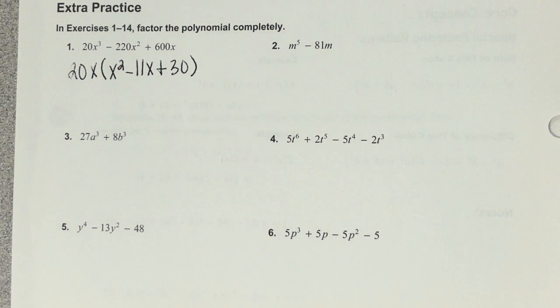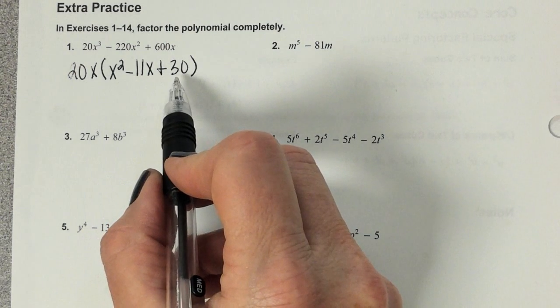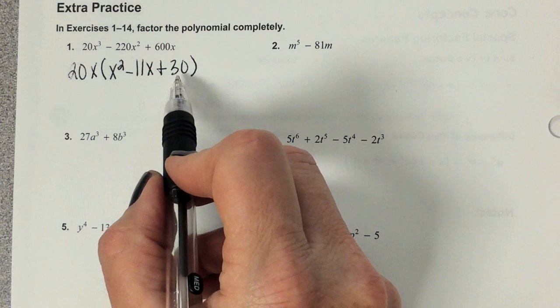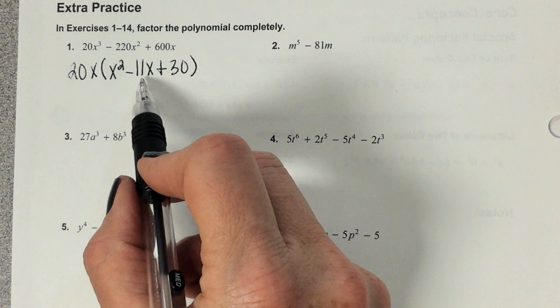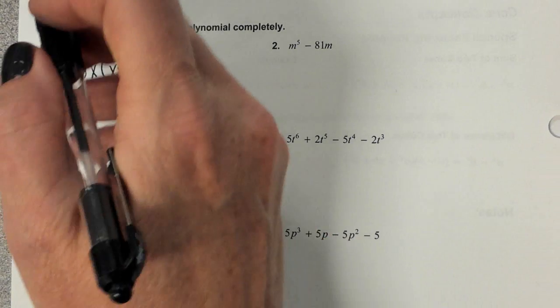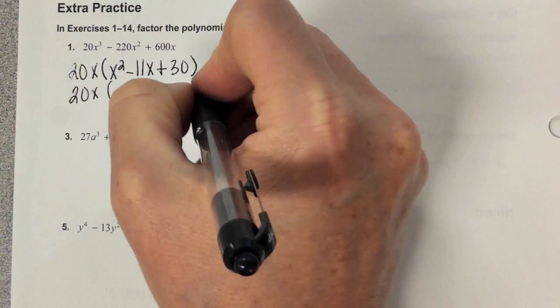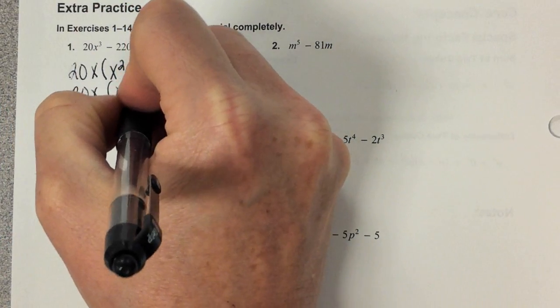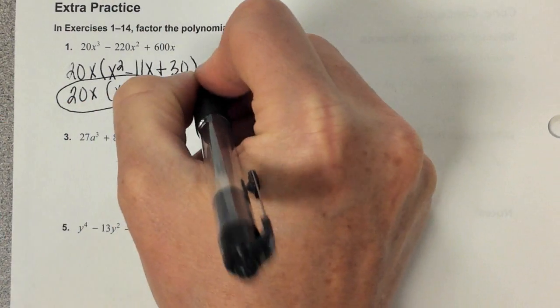Now to figure out whether or not this can be factored more, we look at this trinomial and we say, are there numbers that will multiply to be 30 and add to be 11? What do you think? Are there? What are they? 6 and 5. So this is now going to factor down to 20x, and then this can be factored down further into x minus 6 and x minus 5.